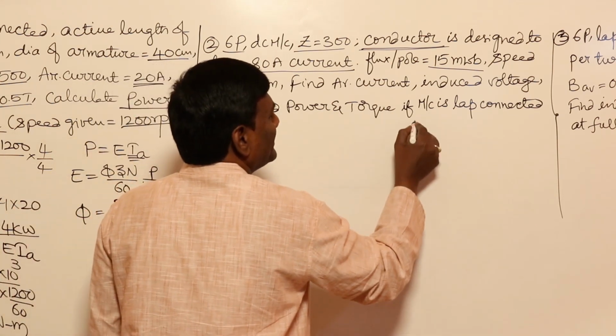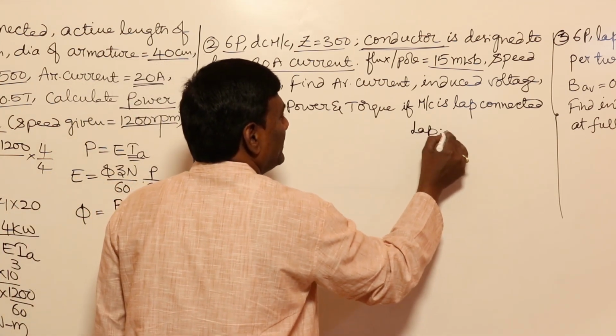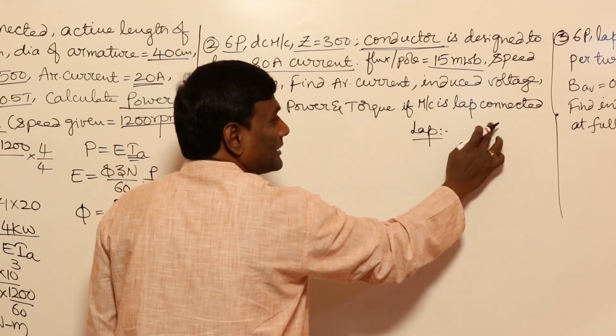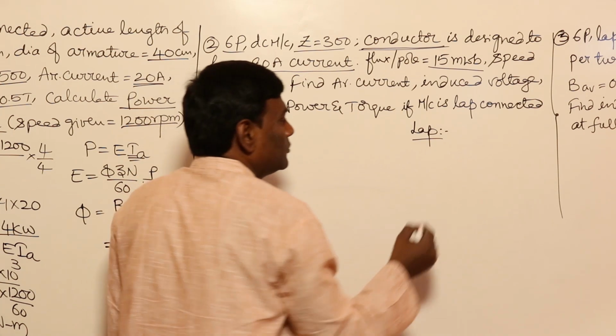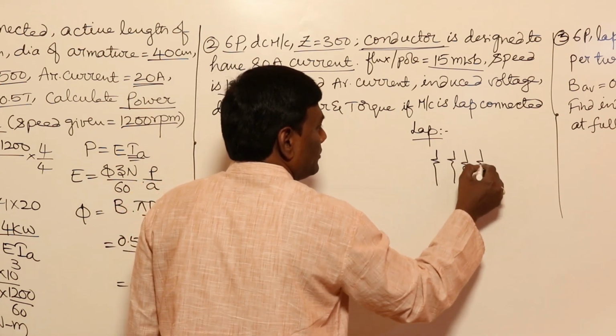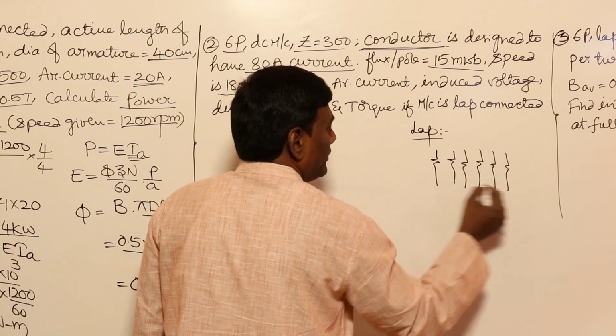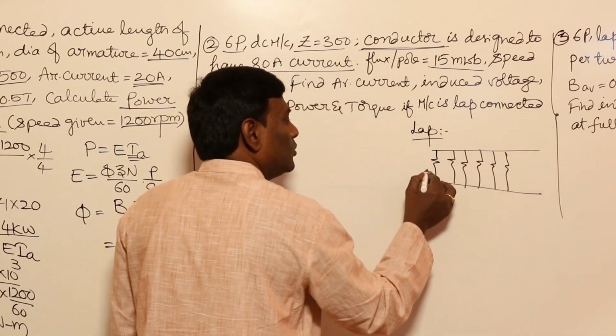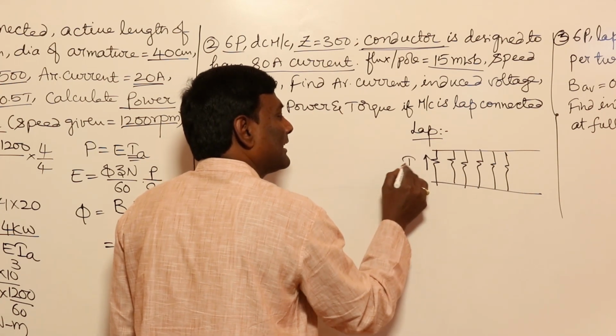So induced voltage, armature current. For example, if it is lap connected, how many parallel paths will be there? 6 pole, lap connected, number of parallel paths are 6. So 1, 2, 3, 4, 5, 6. 6 parallel paths. This is going to be IC, conductor current.